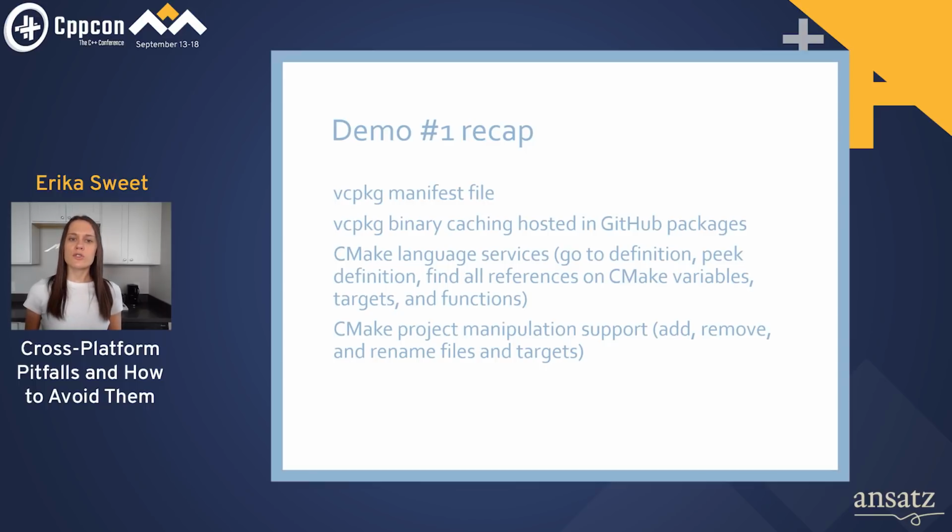We also showed 2 new CMake features. The first was CMake language features, where I can go to definition, peek definition, and find all references on CMake variables, targets, and functions. And we showed this on CMake variables and targets. We then showed CMake project manipulation support, which allows you to add, remove, and rename files and targets without ever modifying your build scripts by hand. And we showed the example of adding a new source file to a target.